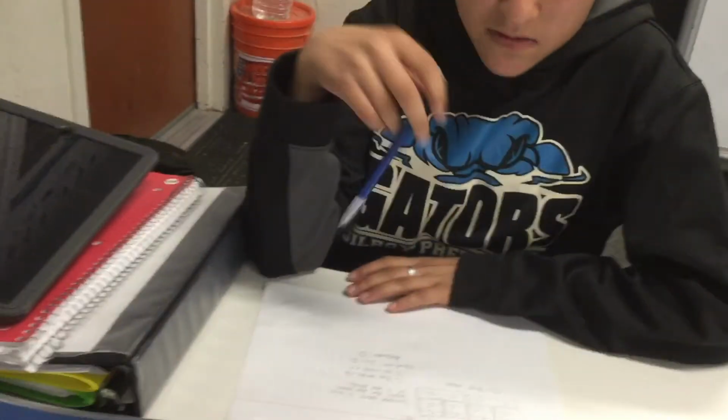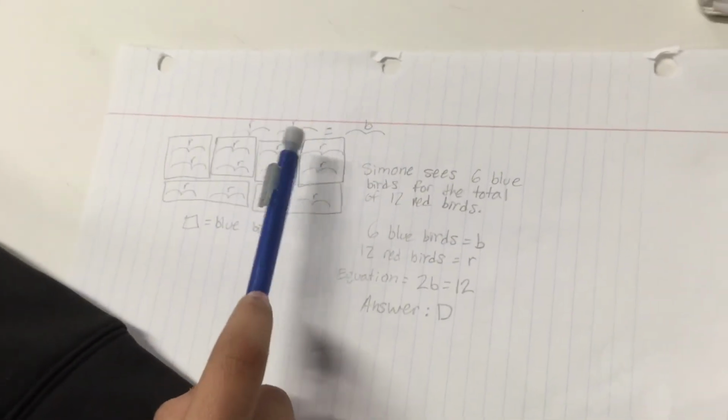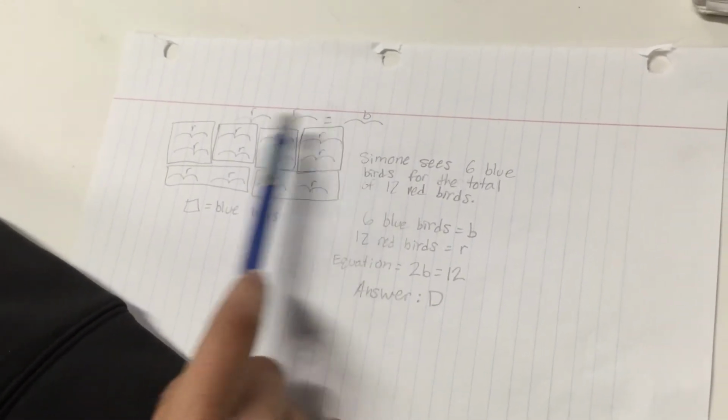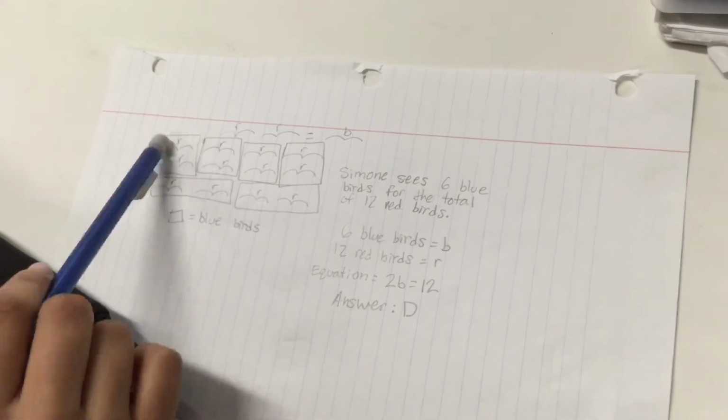So Abigail, walk me through the process of what you did here and tell me, was this useful or more time consuming? So walk me through how you solved this. What I did is that I drew out 12 red birds, and then since for every 2 birds Simone sees, he sees 1 blue bird, I drew out some squares for every 2 birds.